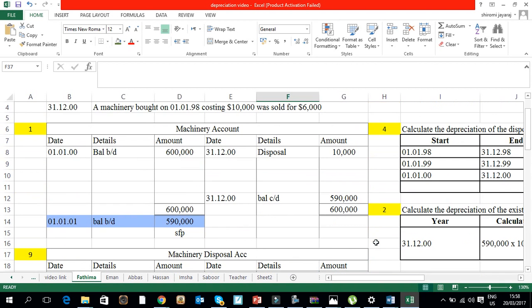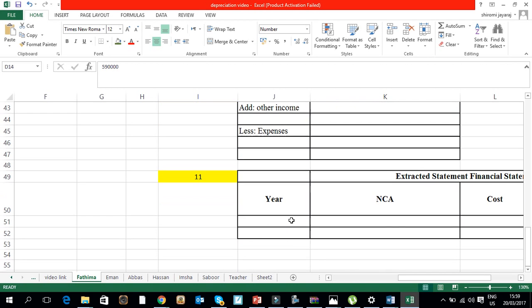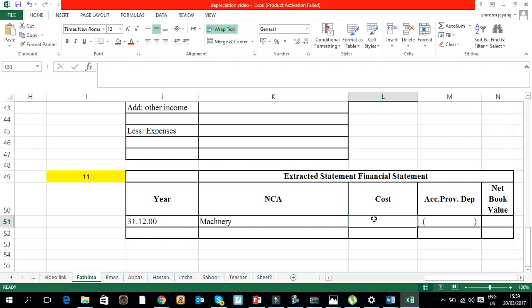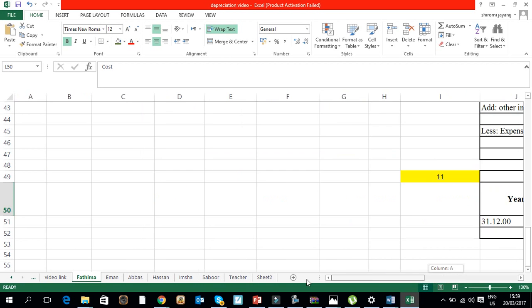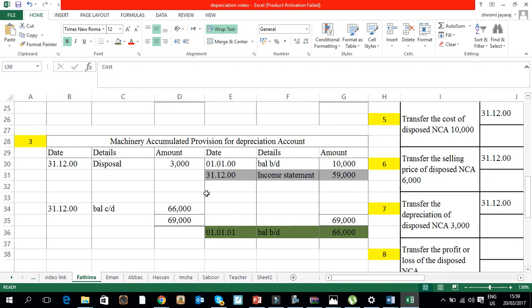Now let's transfer the information. Machinery cost 590,000. Go to the extract. So here is 31st 12 2000. The type of non-current asset is machinery account and the cost is 590,000. Now the next is to see the closing balance of depreciation, which is 66,000, which goes to SFP.